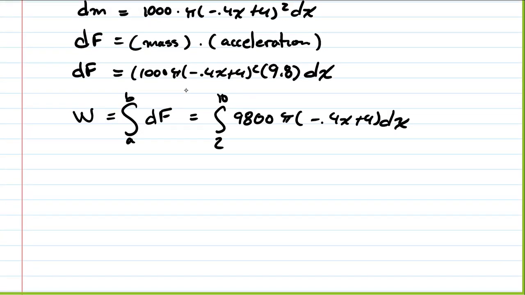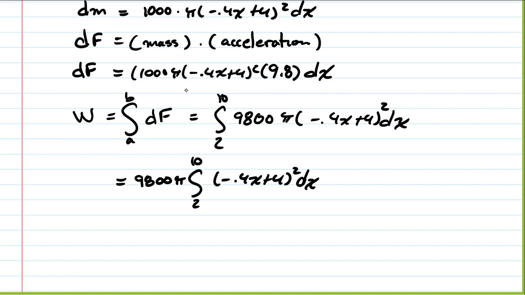So then from here, we pull our constant out: 9800 pi times the integral from 2 to 10 of negative 0.4x plus 4, I dropped my square there, squared, dx.